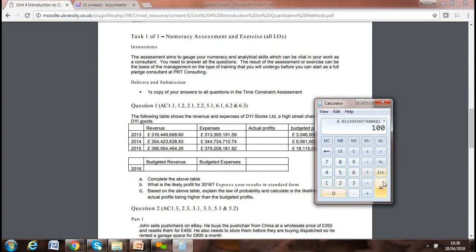So it's an increase, 1.19. So it's an increase of around 20%.